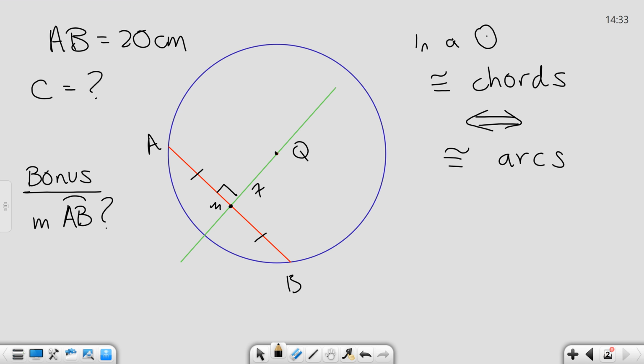It's the radius. Because AB divided by 2, that's 10 and 10, that's two sides.